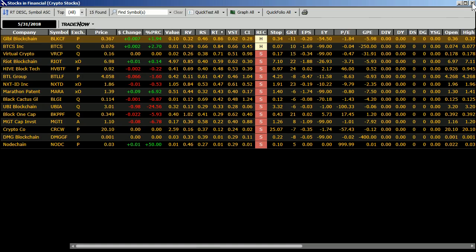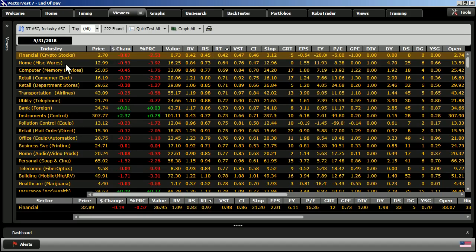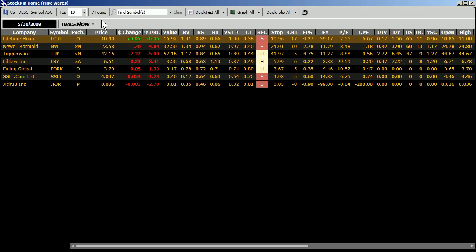Let's take a look at the next industry, which is home miscellaneous wares. Here we have 7 stocks in the industry, no buy ratings, 1 stock that's in an uptrend, and of course even those with acceptable fundamentals are being pulled down by the rest of the industry group.